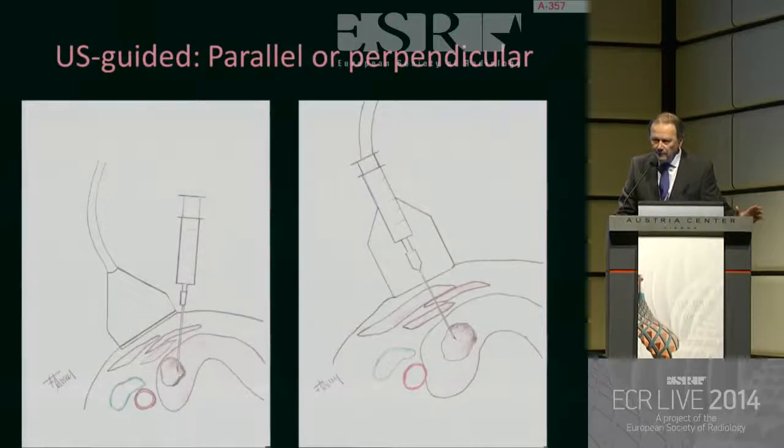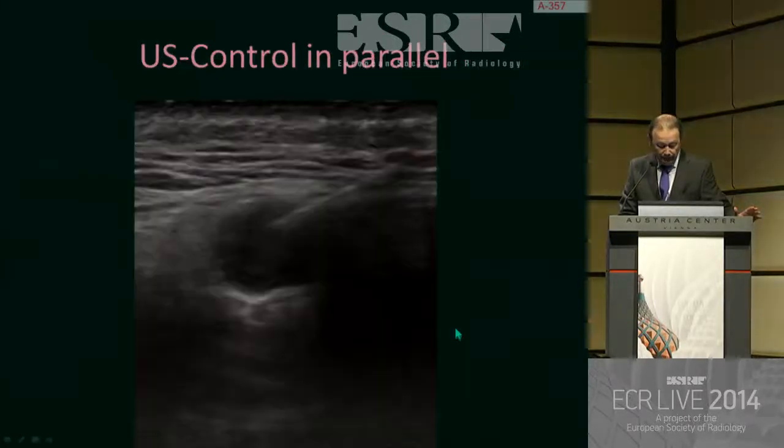US-guided parallel or perpendicular? At the beginning, I controlled the needle in parallel when the nodule was very small, and perpendicular when the nodule was large. But as I have learned, I feel more comfortable doing the perpendicular method in every nodule because the skin is closer to the nodule.